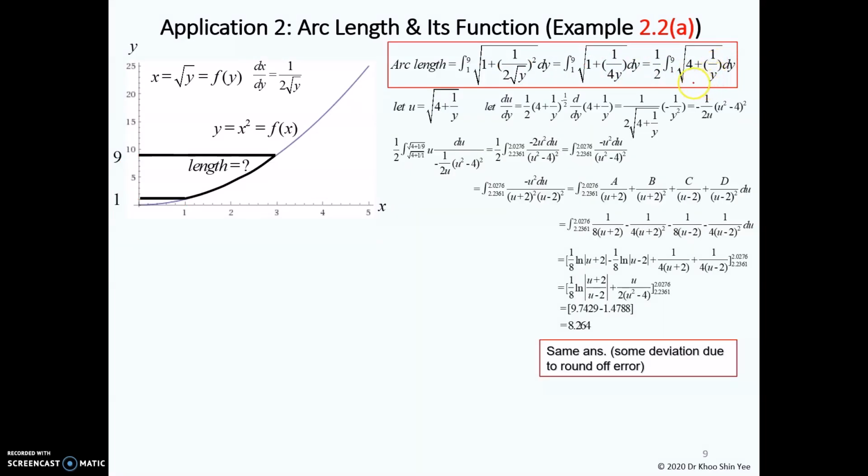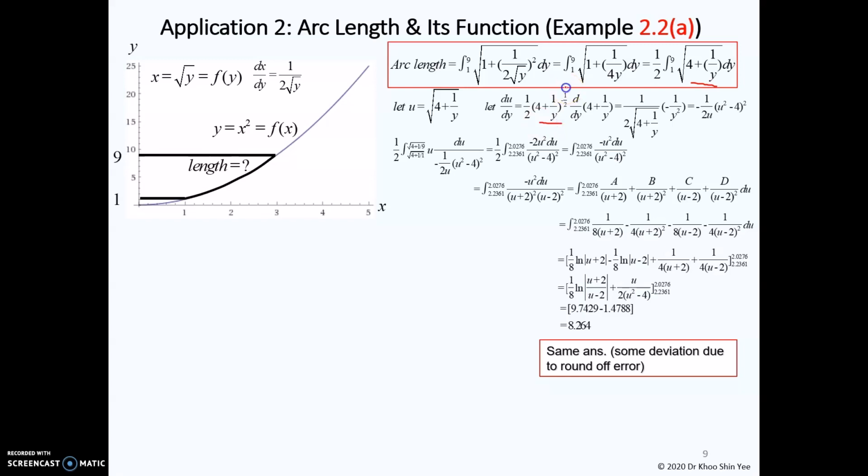To solve this problem, we can perform the substitution. Let u equal to square root of this term, and then take the differentiation of u with respect to y. So after you differentiate this, 1 over 2 here, you need to multiply it, and this power will need to minus 1. Therefore, you obtain 1 over 2 and negative 1 over 2 here. Then you need to continue to differentiate this component.